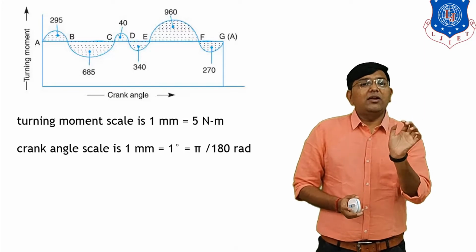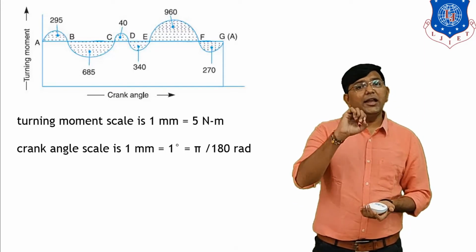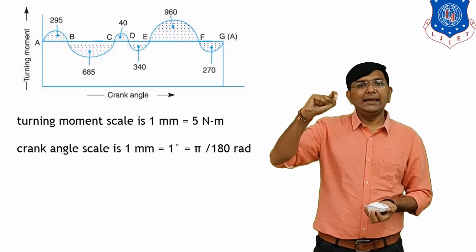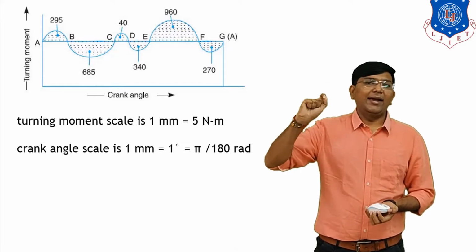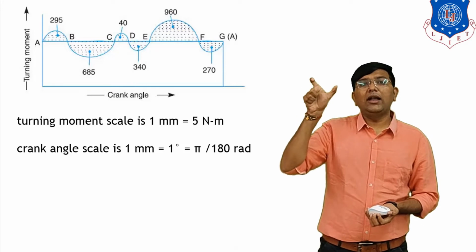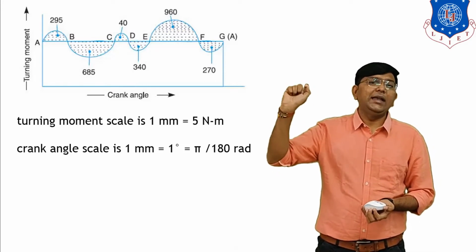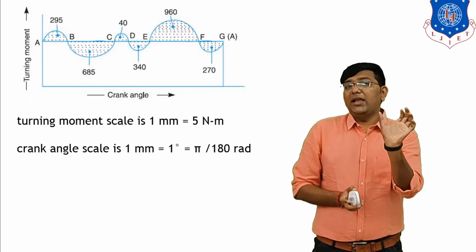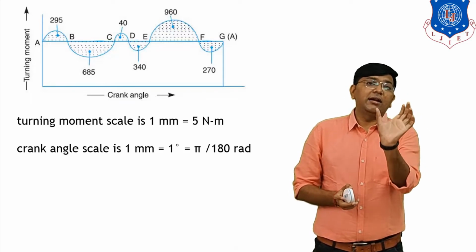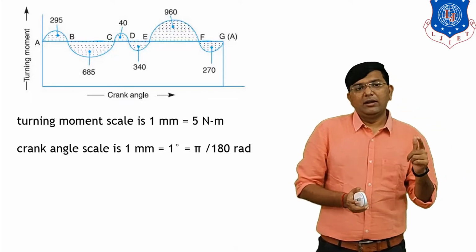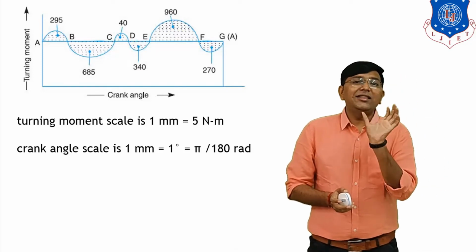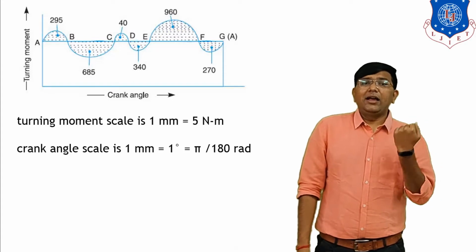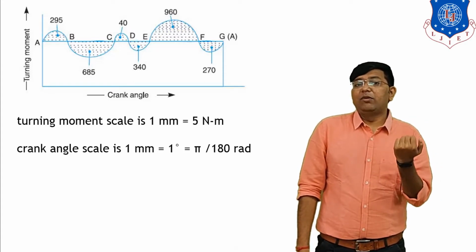Clear? So based on that, we have to calculate energy at each point: energy at point A, point B, C, D, E, F and G. We have to calculate energy up to point G. Now to convert this mm square area, we have to convert the scale into Newton meter. The turning moment scale given in the data is 1 mm equal to 5 Newton meter, and for the crank angle, 1 mm is equal to 1 degree.